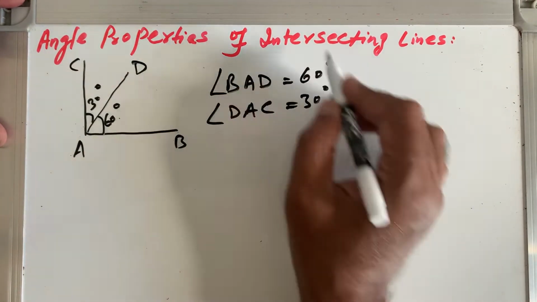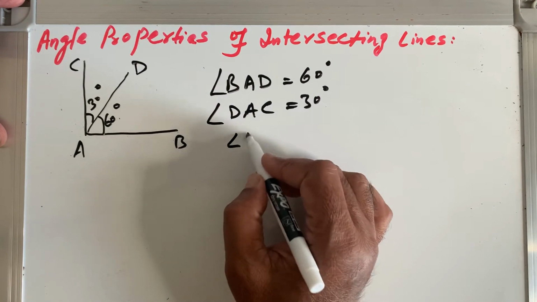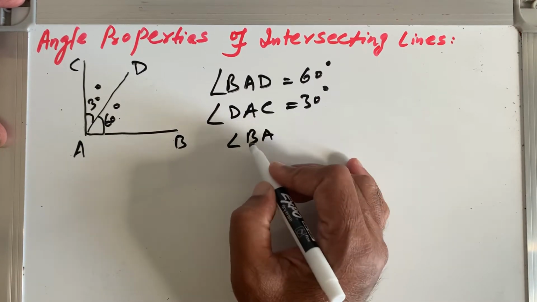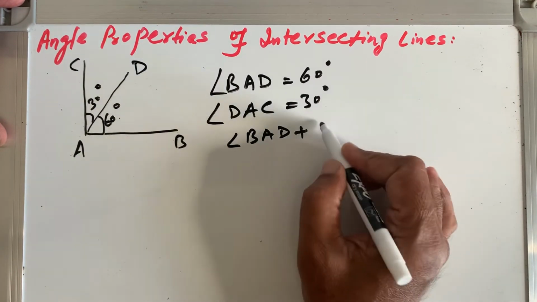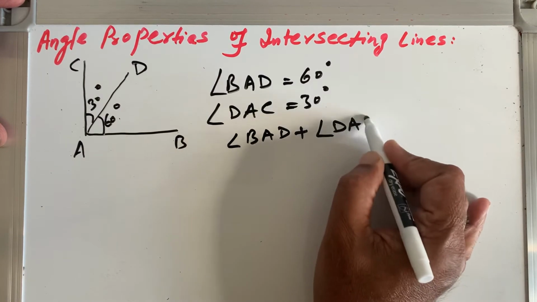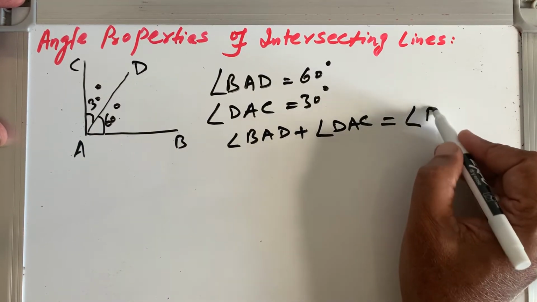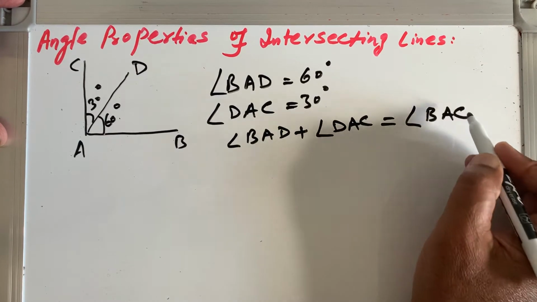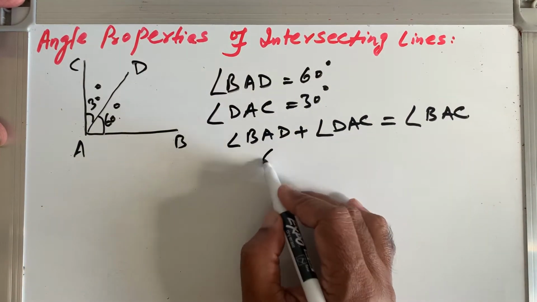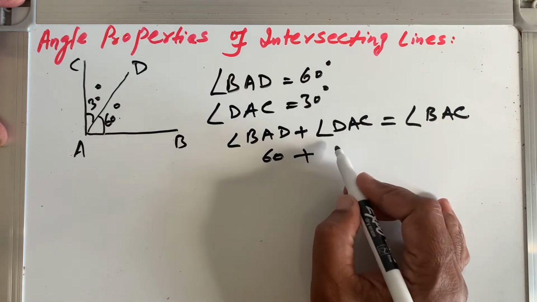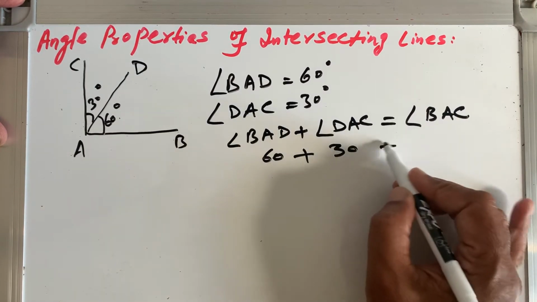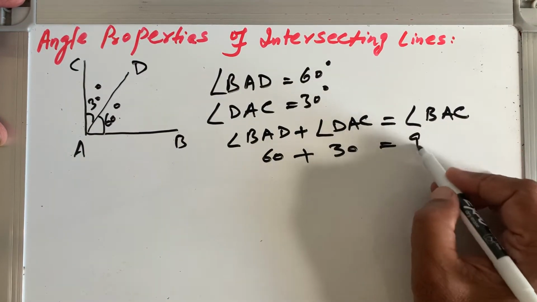And their sum, if I add them, measure angle BAD plus measure angle DAC is equal to measure angle BAC. And I can say that BAD is 60 degree, DAC is 30 degree, and angle BAC is 90 degree.